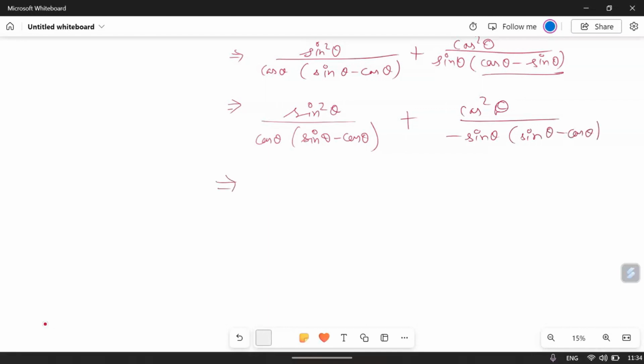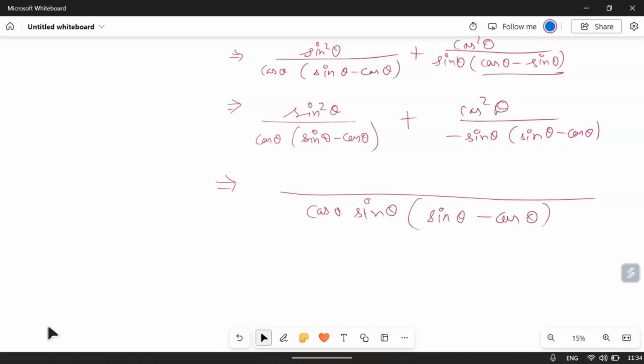Now what you need to do here, take out the LCM. This will become cos theta sine theta and sine theta minus cos theta, and this minus sign will change this sign, so sine square theta, and since we have taken the LCM, it will multiply sine cube theta. Okay, plus, but this will become minus sine, so cos cube theta.